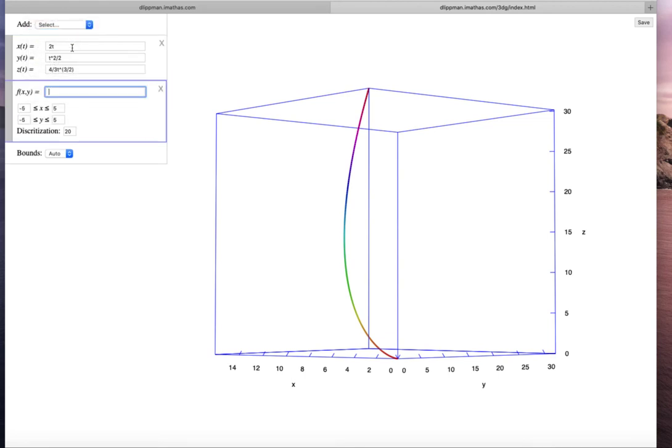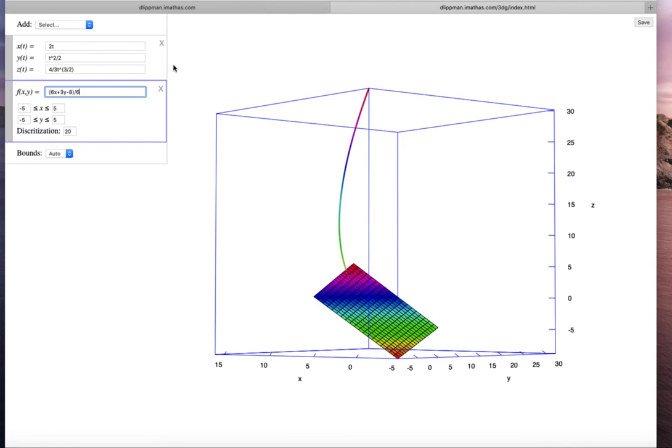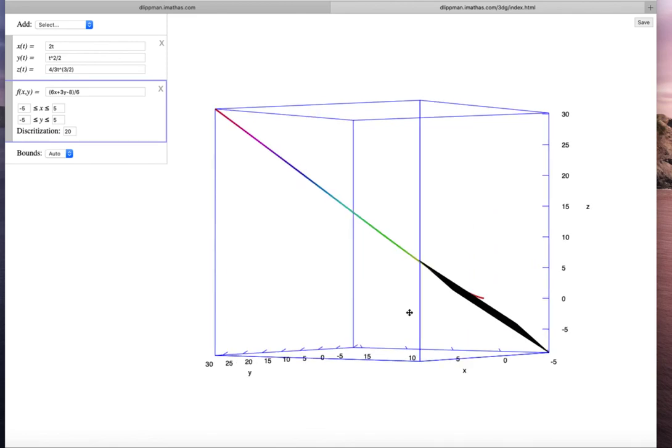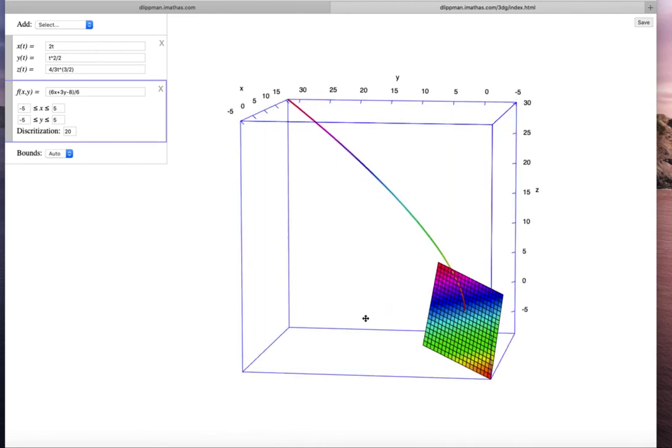Don't be alarmed by the equation that I'm typing in. I did some work earlier in my notes to make it so that I can easily type it in, getting z by itself and everything. And so look at what we have here.